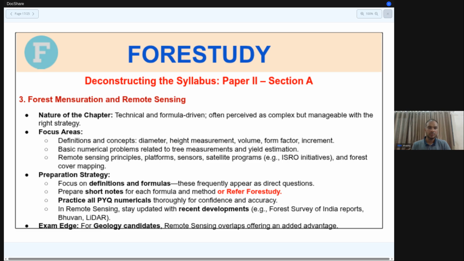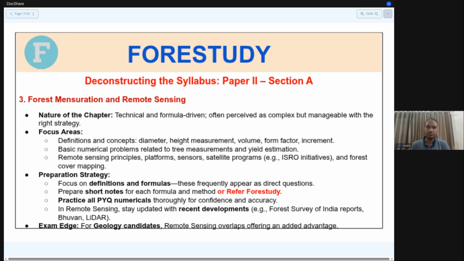Otherwise, if you are using any other source, prepare short notes from that. Also, in remote sensing, recent developments like LiDAR, the Bhuvan portal, etc. can be helpful in mentioning the applicability of the subject in forestry.